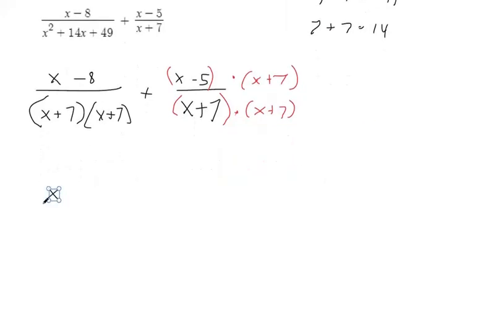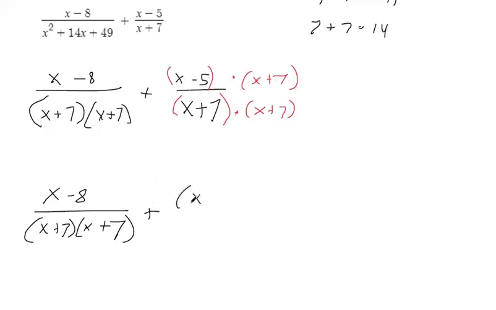When you do that, this is still x minus 8 all over x plus 7, x plus 7. That hasn't changed. This one has changed a little bit. It's x minus 5 times x plus 7. We can multiply that out in just a second.